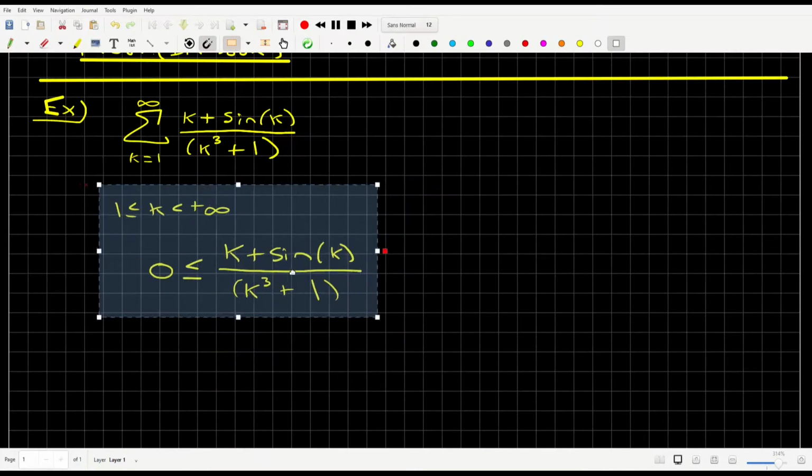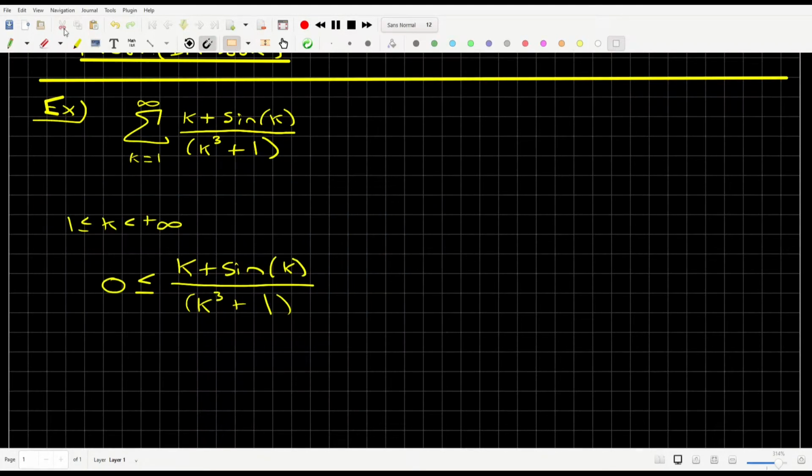And same thing with the denominator term, because k is between 1 and infinity. So this is verified. And now we need to find an upper bound for this series. The reason we're looking for the upper bound here is that if you perform the rule of thumb that I showed you before, we expect this series to converge.